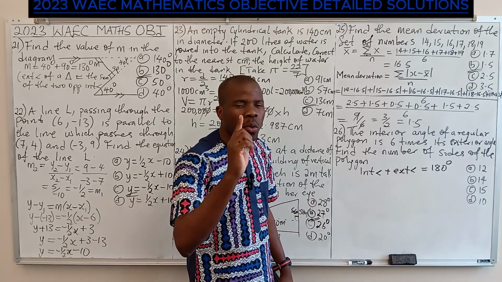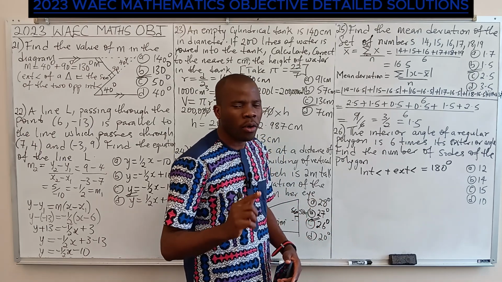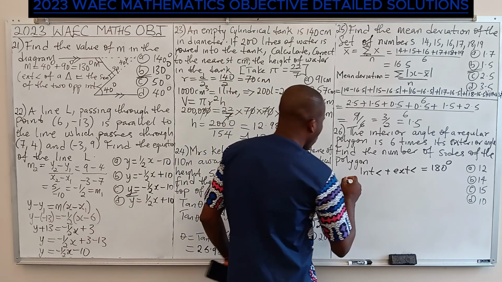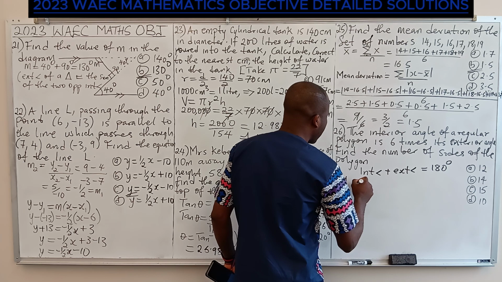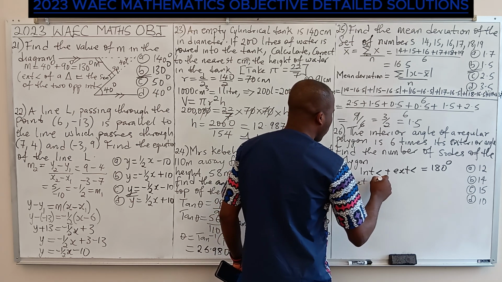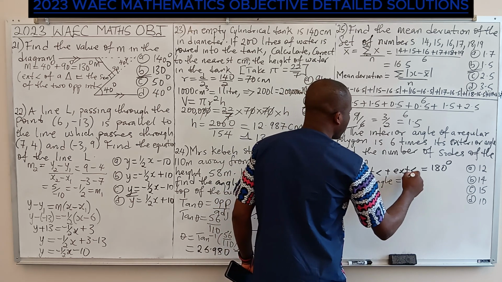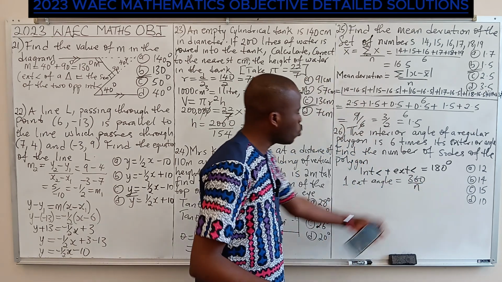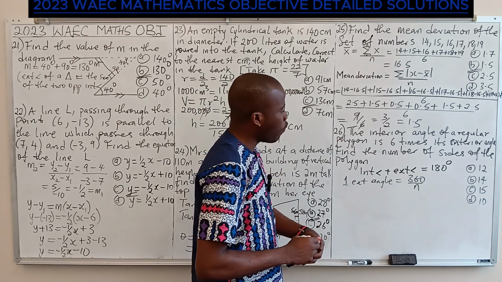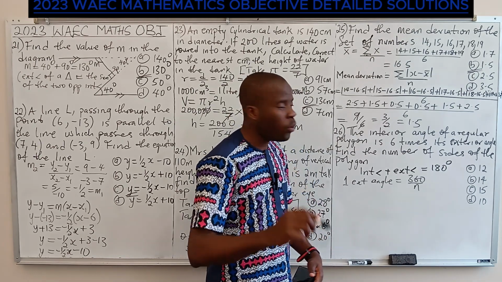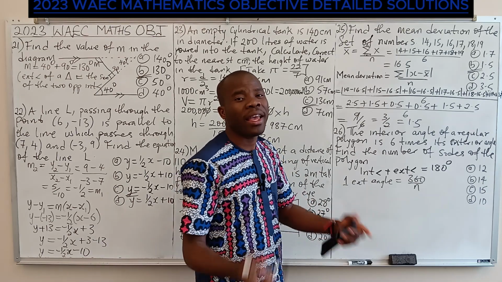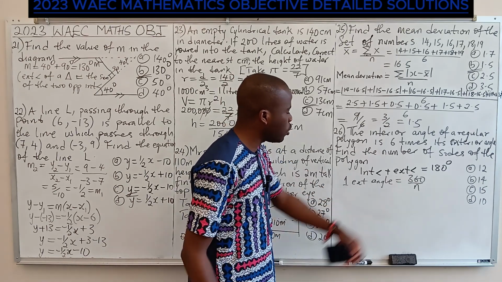For me to get one exterior angle, it is 360 over n. So one exterior angle equals 360 over n. Of course, one interior angle will be 180 times n minus 2 over n. But let's use this relationship.